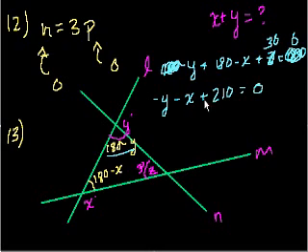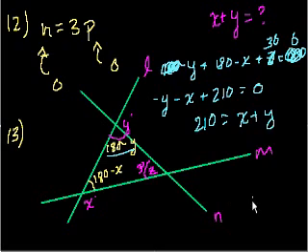Now let's add x and y to both sides. I'm kind of skipping a step. You could add x to both sides and then add y to both sides. But if you add x and y to both sides, you get 210 is equal to x plus y. And that's the answer. They want to know what x plus y is. And that is choice D.